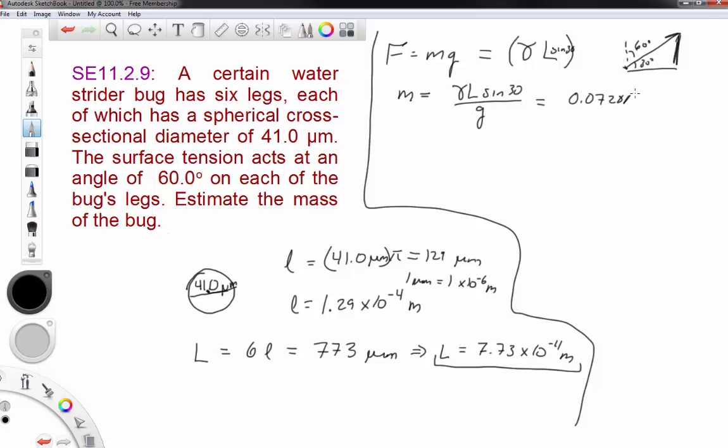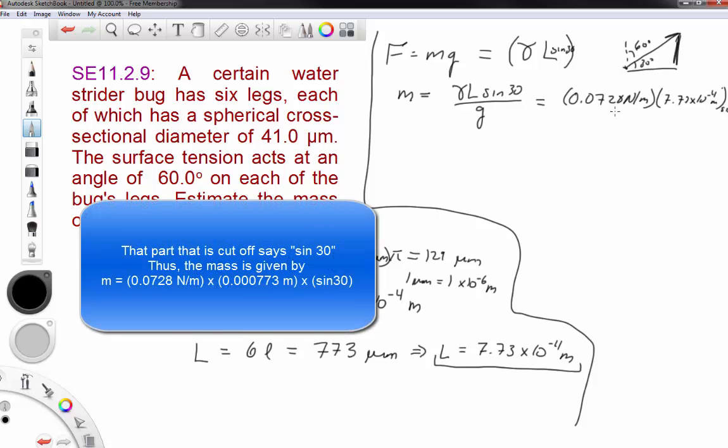So 0.0728 Newton per meter was the surface tension for water, times the total length, which was 7.73 times 10 to the minus 4 meters, times the sine of 30 divided by 9.80 meters per second squared.